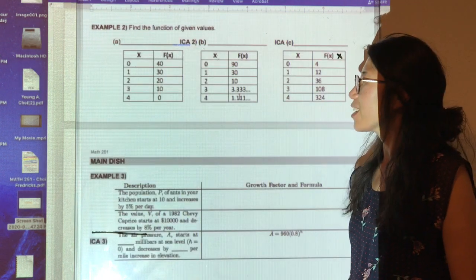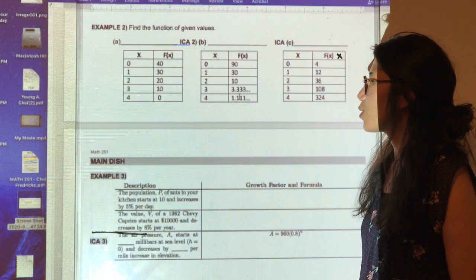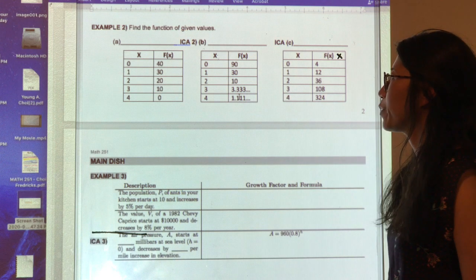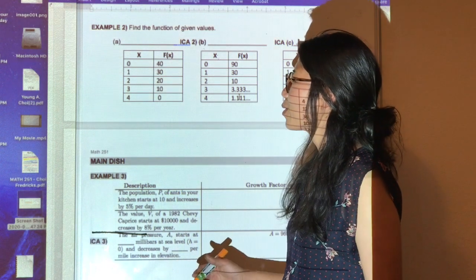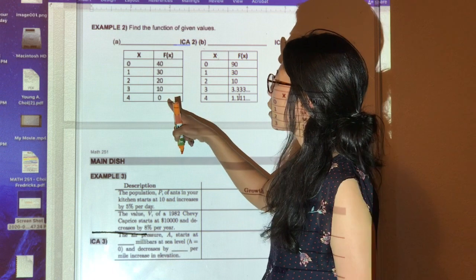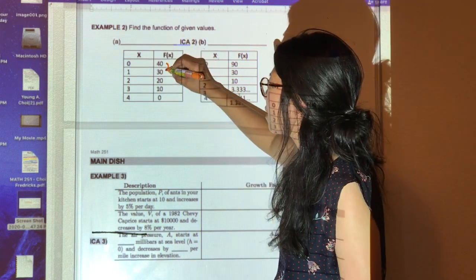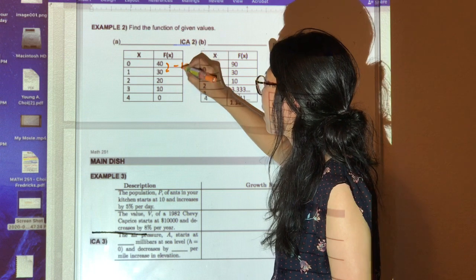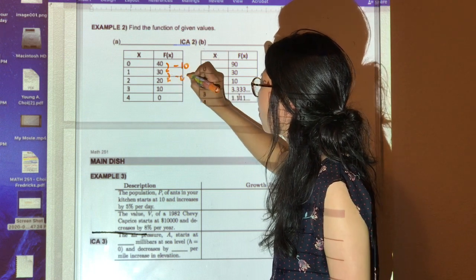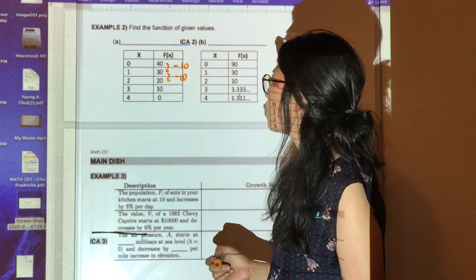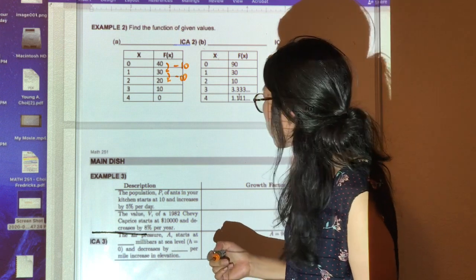Okay, so let's look at example 2 of the appetizer. It's the same format as the previous one. Let's double check if you can do this one. When I look at A, I want to see that this one is subtracted by 10 each time. So this will represent the linear equation.